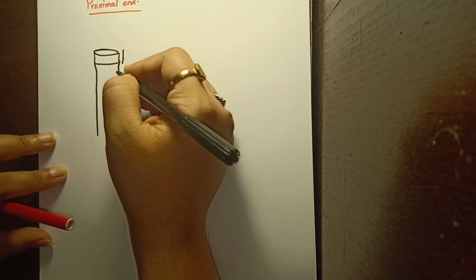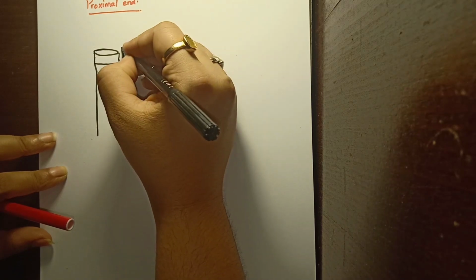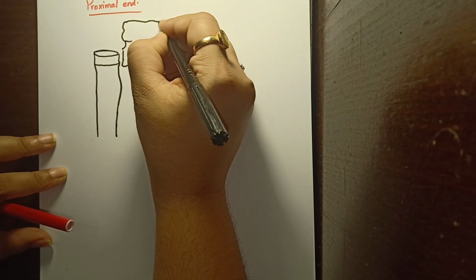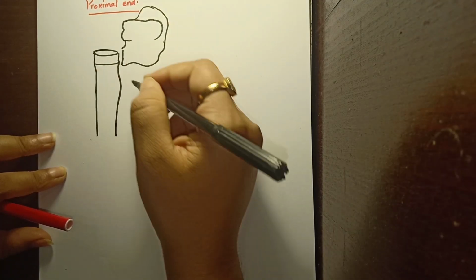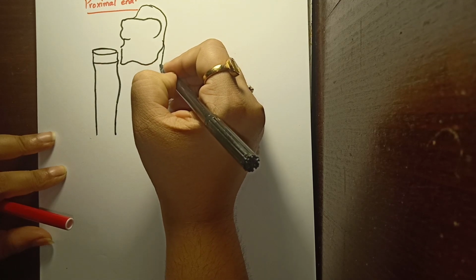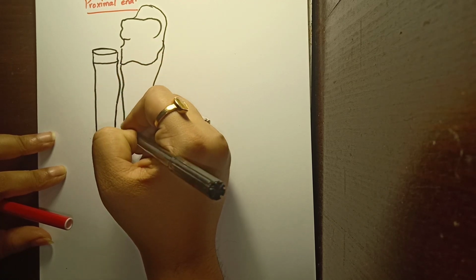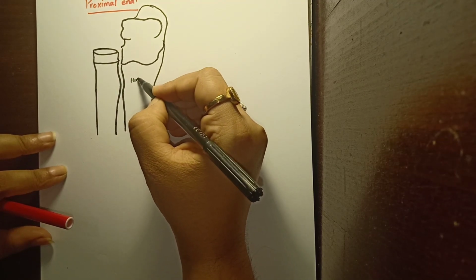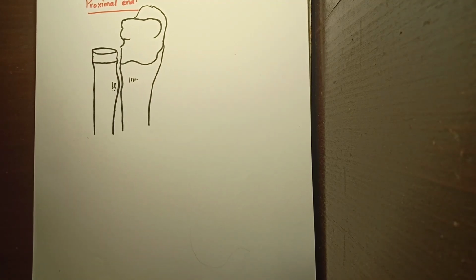And here now we are drawing the ulna. Okay, so this is radius and this is the ulna. So first I will label the radius.